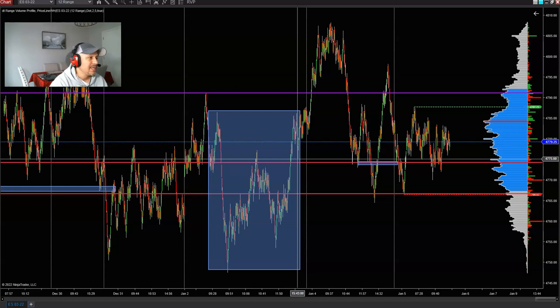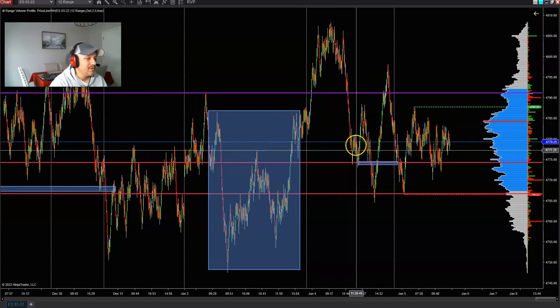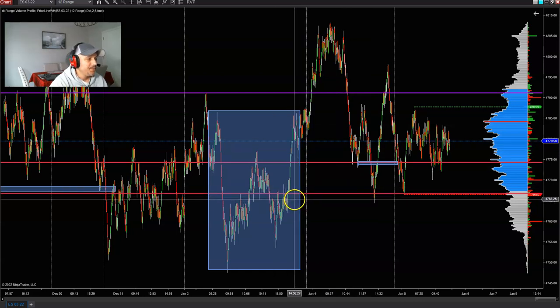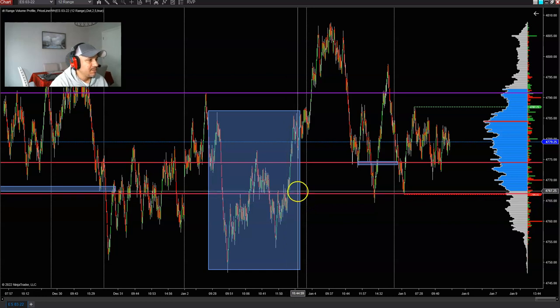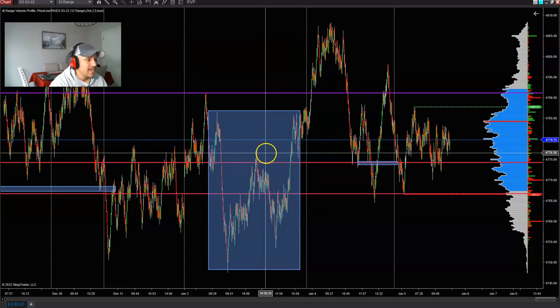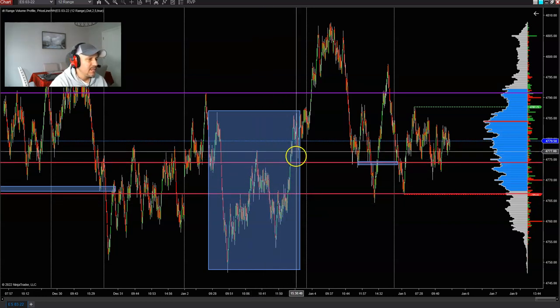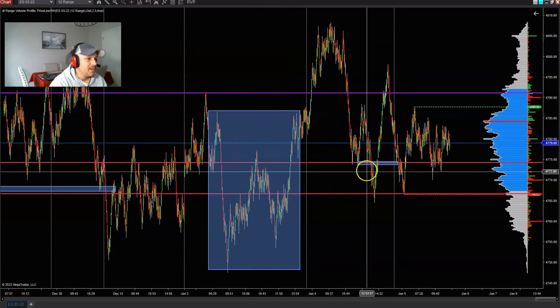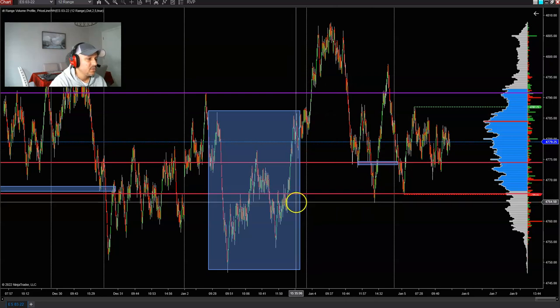But for me, I like to look for price to come back to even a lower area within the swing here for an opportunity to buy, because I want to get in where there was lots of buying. Right here, was there lots of buying at this area? No, but it is a support level, okay? And price bounced off, pushed higher, and came back and pushed lower into the swing here.